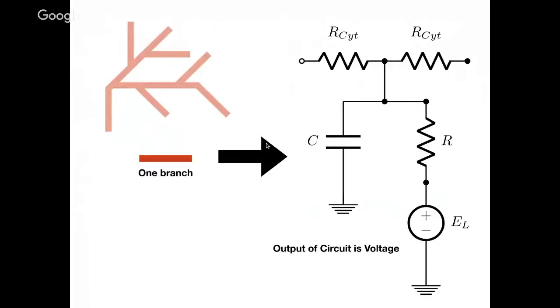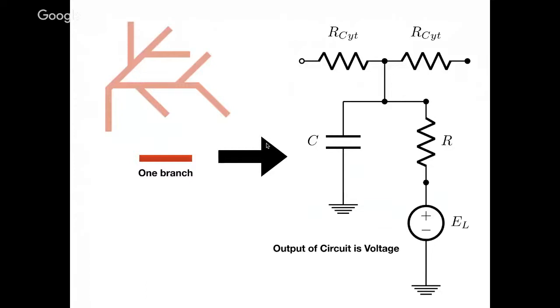E_L is what we think of as leakage. You can think of it this way: if a neuron wasn't receiving any outside input or stimulus and was just sitting there, where would the voltage sit? In this model, it would be sitting at negative 65 millivolts.